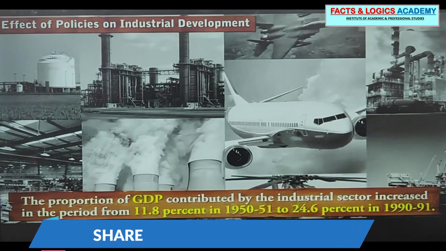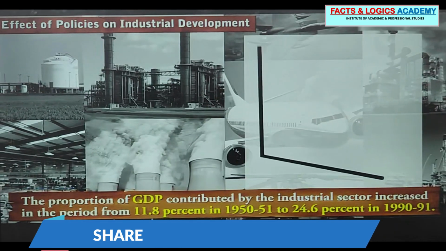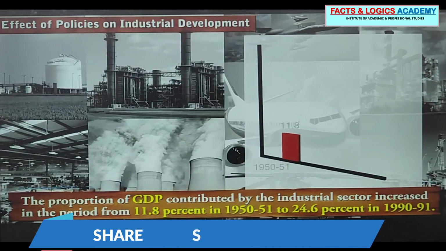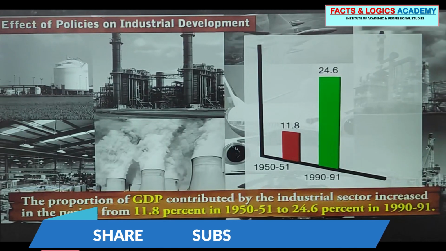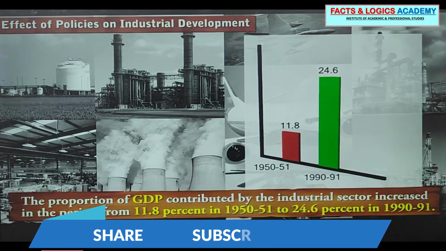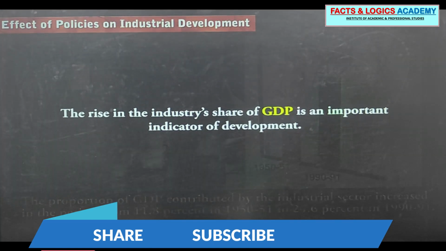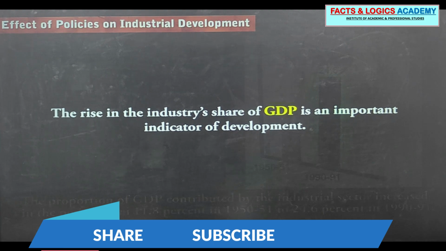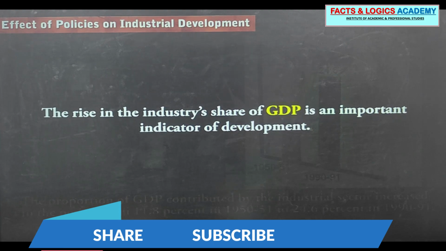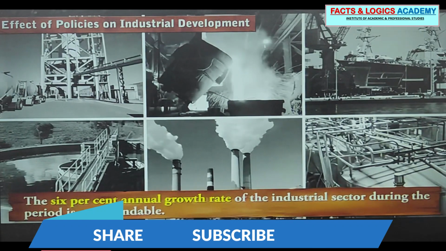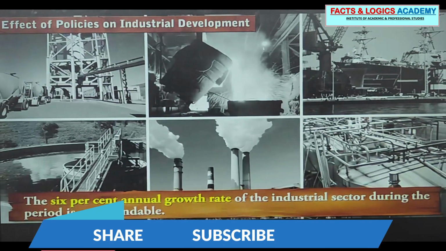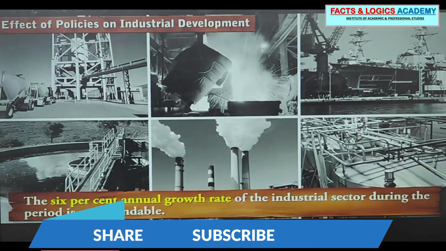The proportion of GDP contributed by the industrial sector increased in the period from 11.8% in 1950-51 to 24.6% in 1990-91. The rise of the industry's share of GDP is an important indicator of development. The 6% annual growth rate of the industrial sector during the period is commendable.